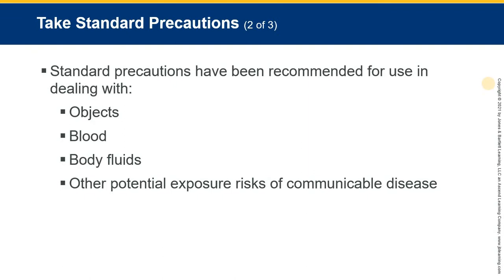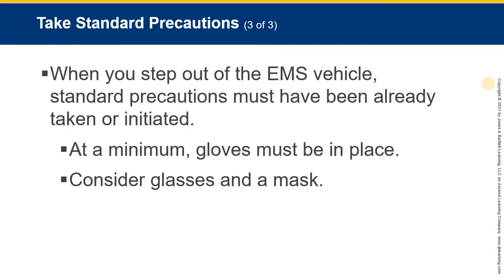Any place that they cut on that car is going to be very sharp, so you have to watch for that. Lastly, make sure you watch out for any sort of communicable disease. Something like hepatitis, if you visit a jail, is going to be quite common. All these standard precautions should be taking place before you even leave the vehicle.